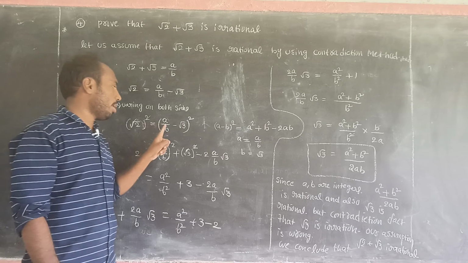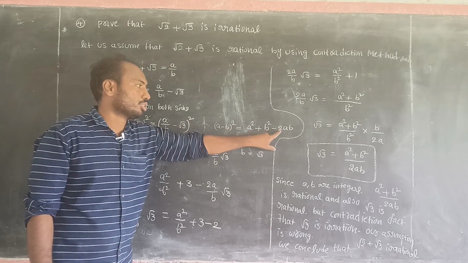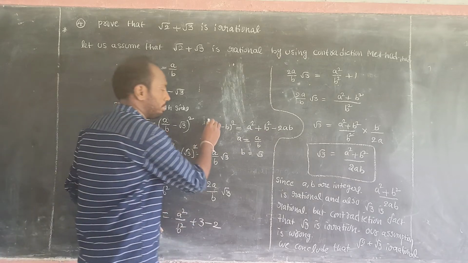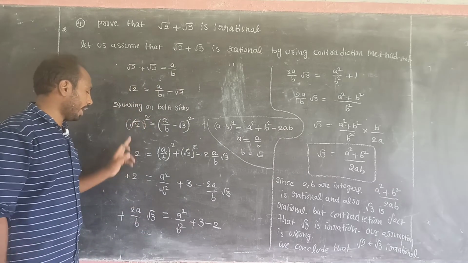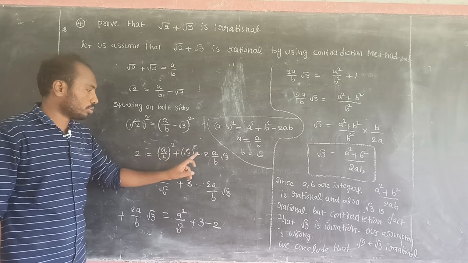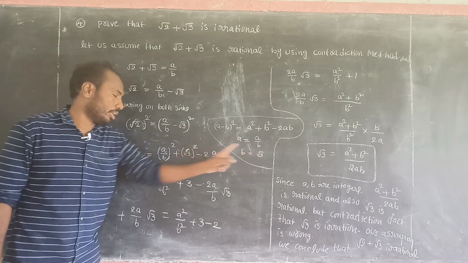This is the form of (a minus b) whole square, a square plus b square minus 2ab, where a is a by b and b is root 3. 2 is equal to (a by b) whole square plus (root 3) whole square minus 2 times a by b times root 3.